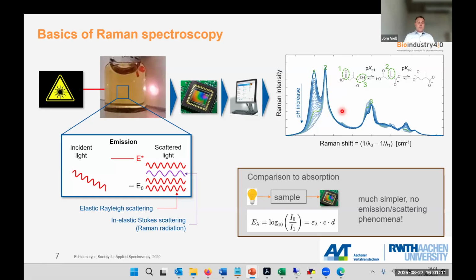In comparison to absorption, it's much more complicated. We don't have light that goes through a sample, and we don't compare the light without the sample to the light with the sample, which could be easily related to the extinction coefficient, the concentration, and the length of the light path through the sample.